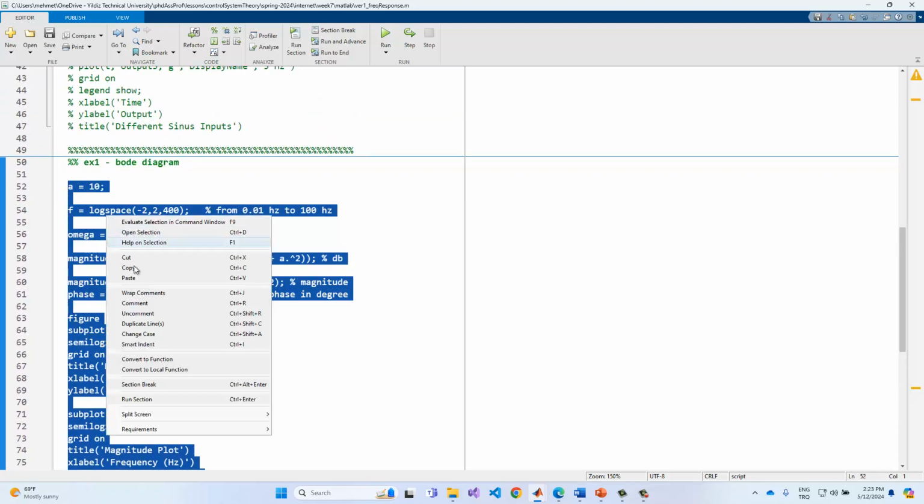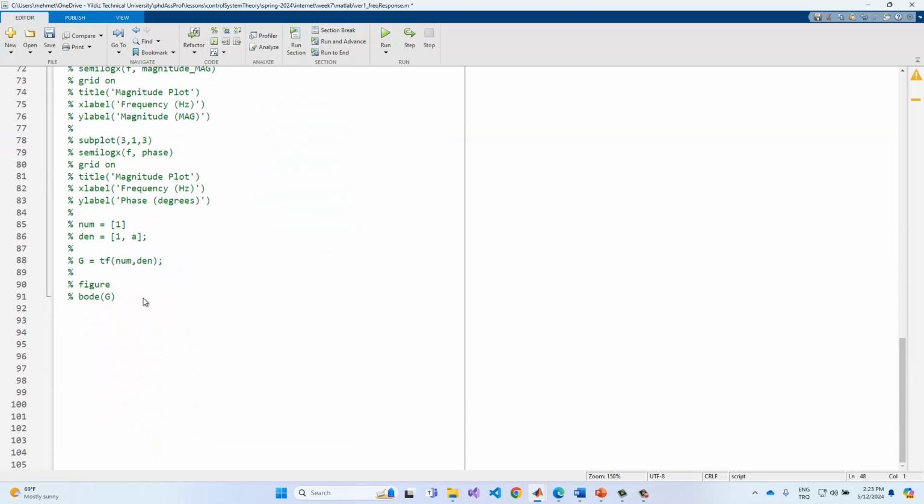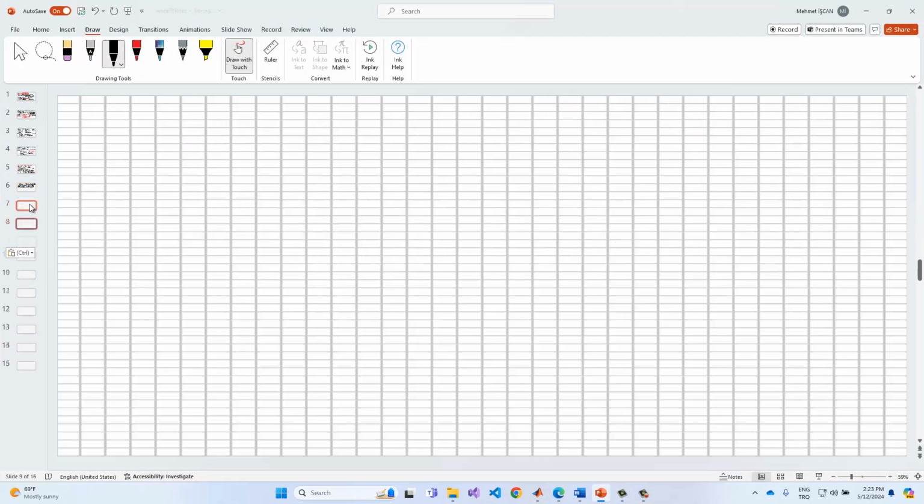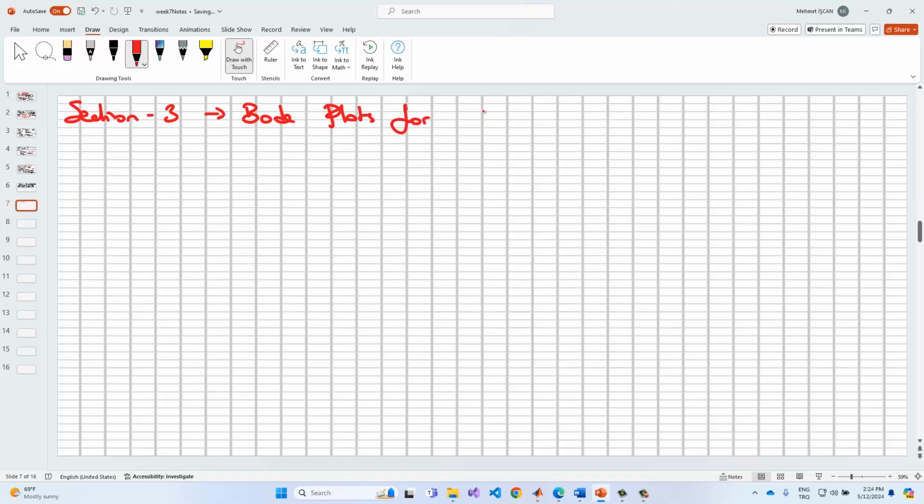So next, but before beginning with the frequency domain, just remember that we have section 3 just like this one, the Bode plots for G(s) equals s squared plus 2 zeta omega n s plus omega n squared, right?